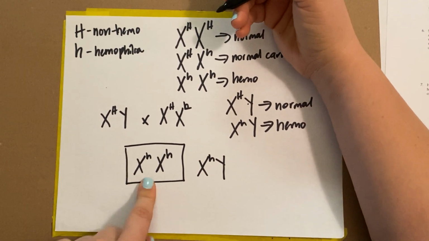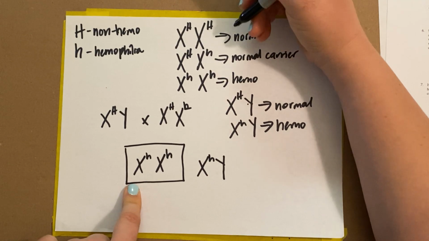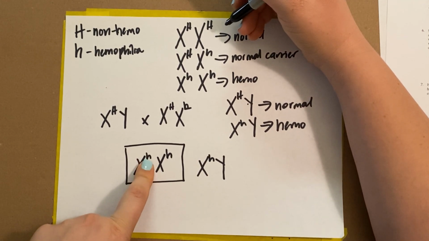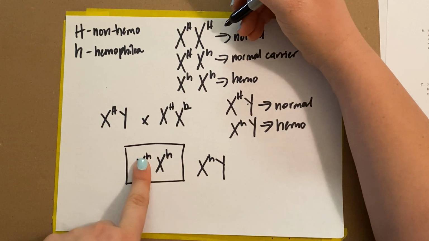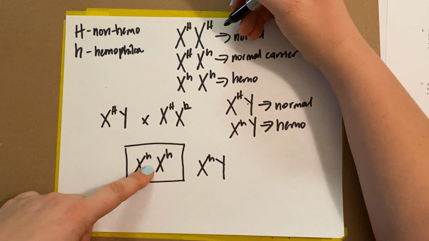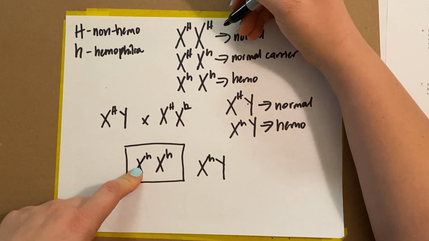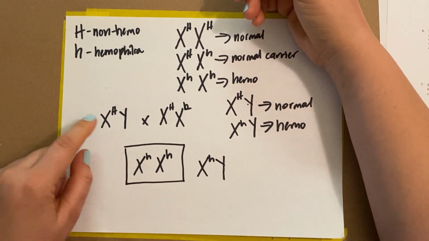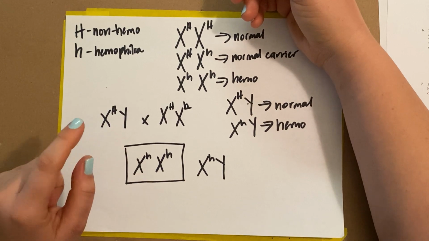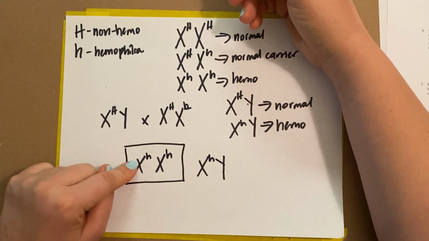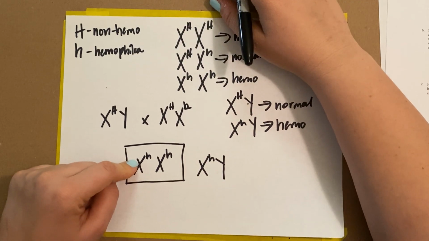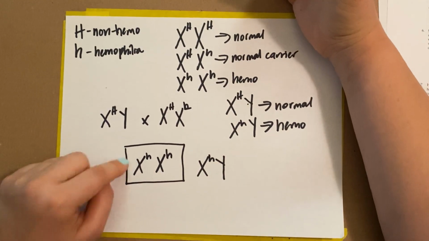But because it's a female, the only way to get a female that's a hemophiliac is to have the faulty gene from both the father and the mother, because the father gives the X chromosome to his daughter. The male is the one that determines the sex of the child. Since he does not have hemophilia, there is no possible way that he could have a daughter with hemophilia.